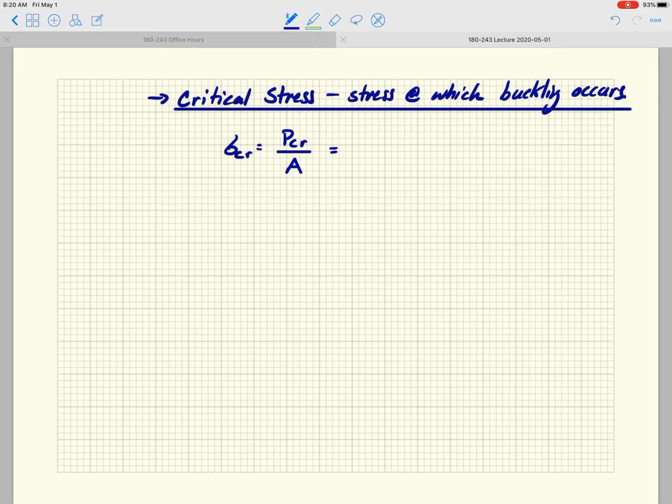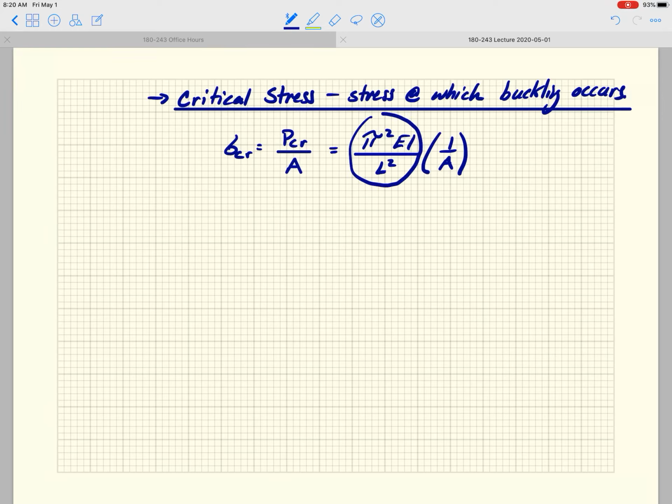But I want to show you what happens because, for whatever reason, people like to go to, in some cases, great lengths to make things a little bit more complicated than they need to be, right? So all I'm doing here is plugging in the P critical.